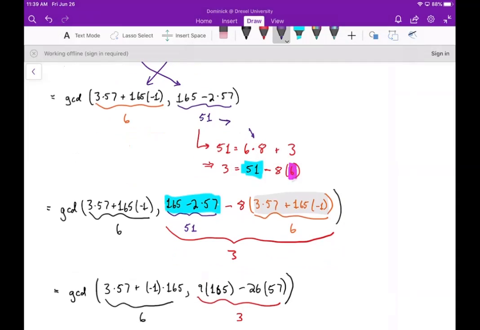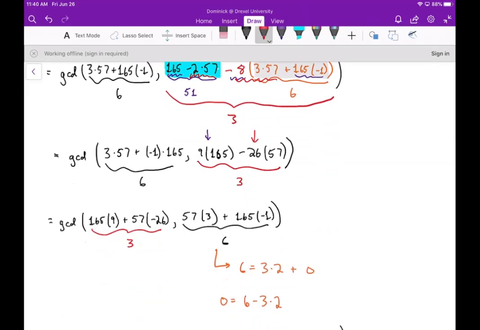Now, of course, when we combine like terms, we have a 165 here, and we have minus 8 times minus 1 165s. So we're going to get 9 165s total. Okay, and then for our 57s, we have minus 2 times 57 minus 24 57. So it looks like we get minus 26 57s.